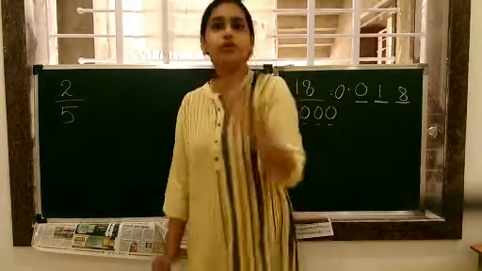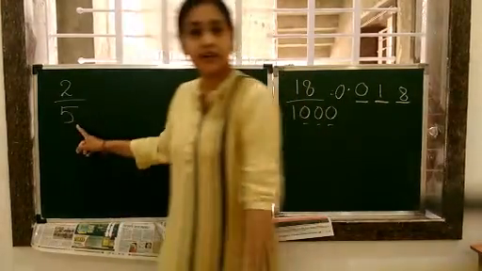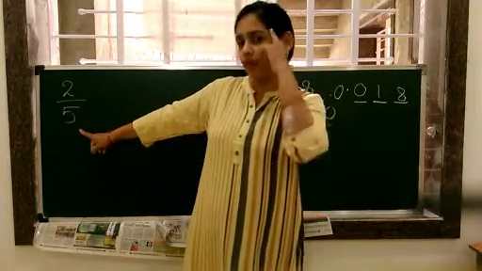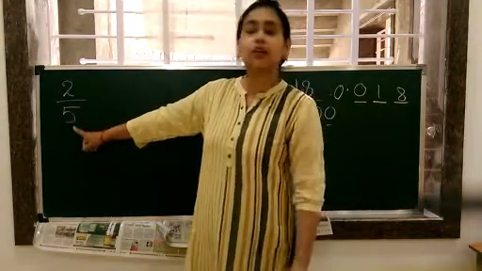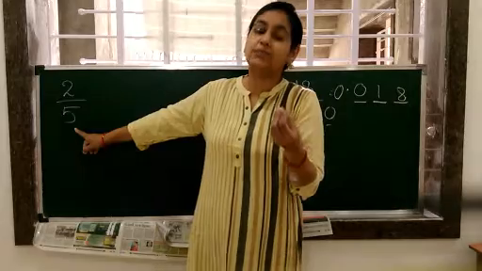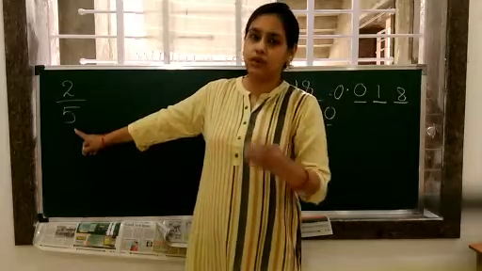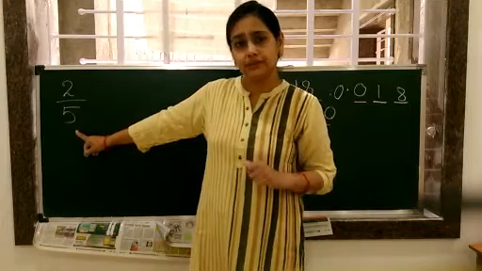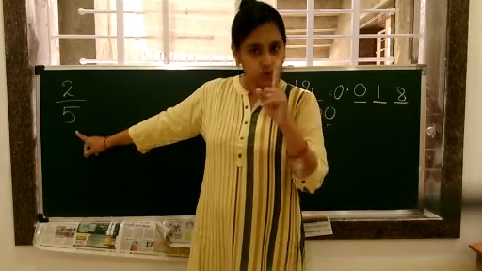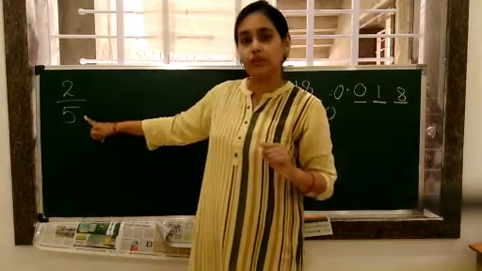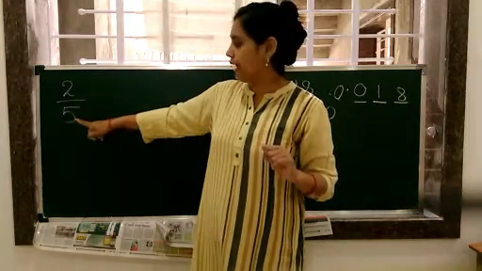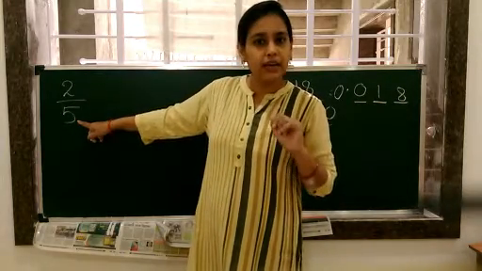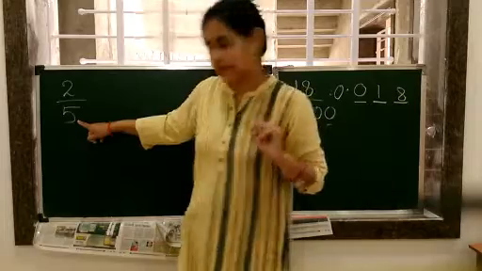Yes, we have to make it a 10, 100 and 1000. So you think of a number, by what can you multiply this so that it becomes 10 or 100 or 1000. So first think about 10. Any number? 2, right? So if you multiply 2 here and here, what will happen to this 5? It will become 10.